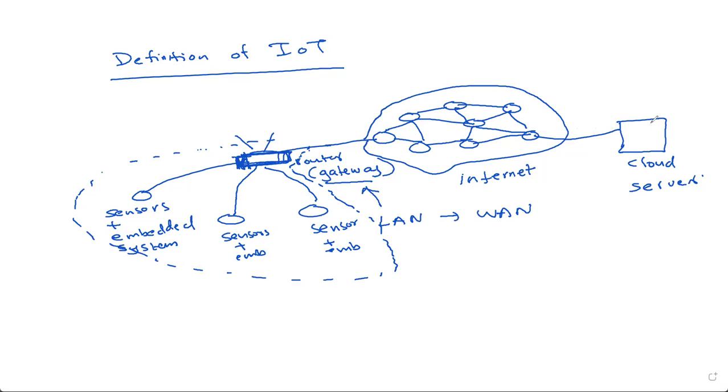The cloud server can be accessed by our IoT system, so our embedded system can transmit the data to the cloud server.